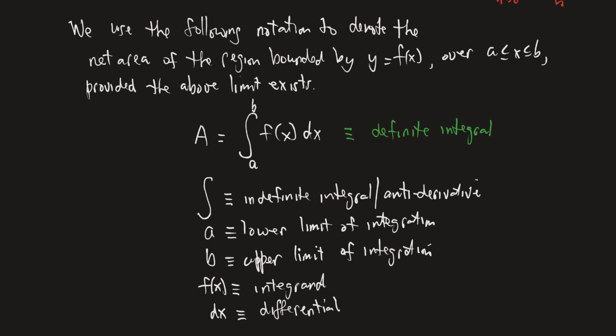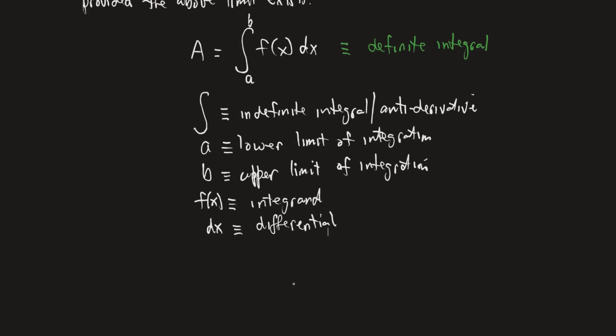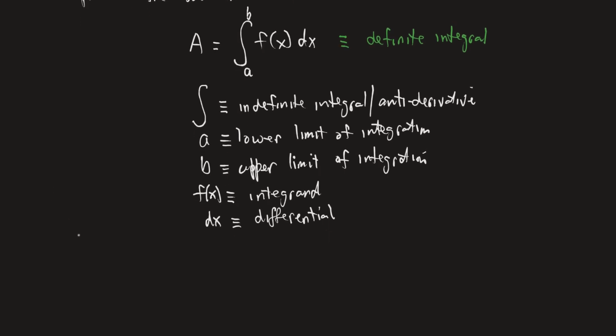So again, the nice analogy is what the derivative, or my definition of the derivative, is to the slope of the tangent line, this definition is to the net area of one of these regions, right? So let's just do a couple. I mean, these examples, they're not very involved.